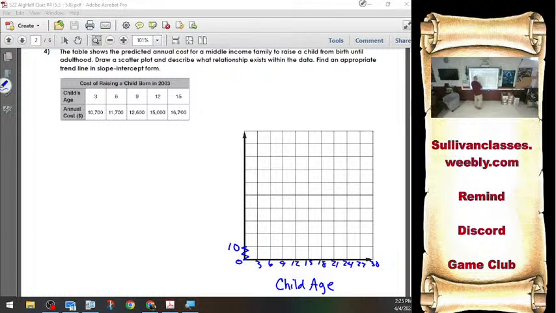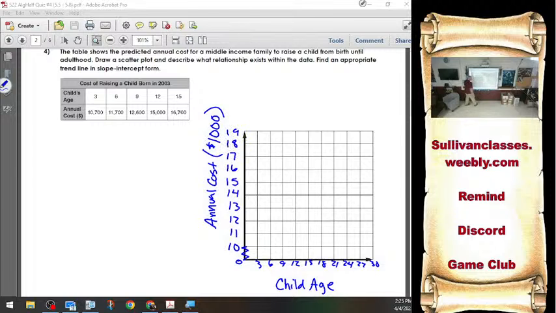And I like even better the idea of just putting 10, because what can I write on the side? In thousands, right? So I'm going to say annual cost, and I'll put 10 or in thousands. So 10,000, 11,000, 12,000, 13,000, 14, 15, 16, 17, 18, 19.